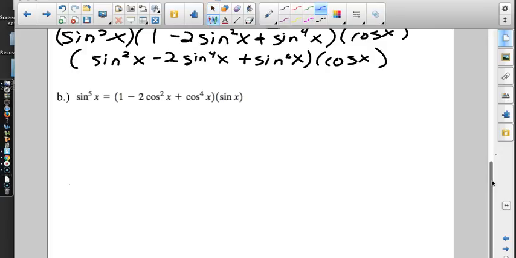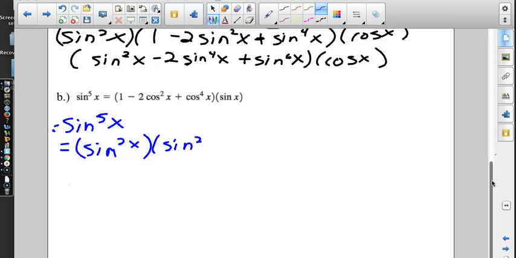Yes. Sine squared x times sine squared x times sine x. This looks like a power there. Oh, that's better.